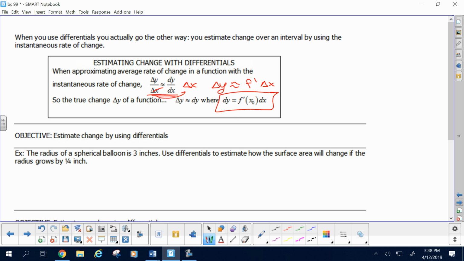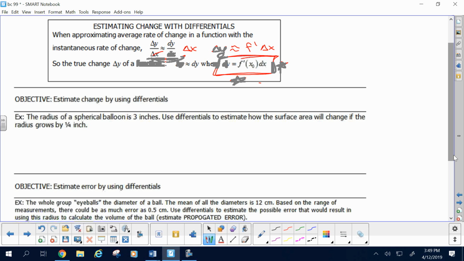That right there is the star of the show. Put some stars around that because that is the idea of using a differential to approximate difference or change. Okay, we're approximating change using an instantaneous rate of change at a point. Let's take a look at a problem or two.